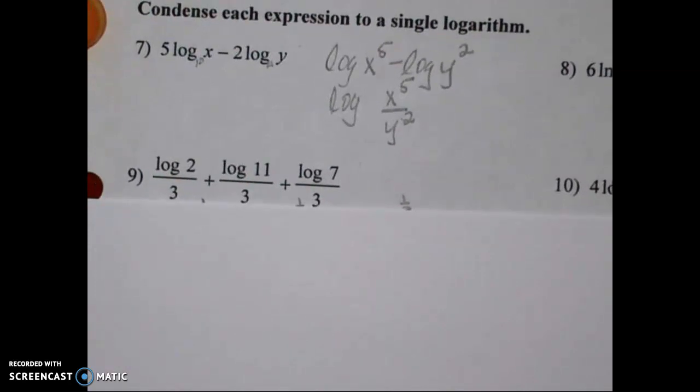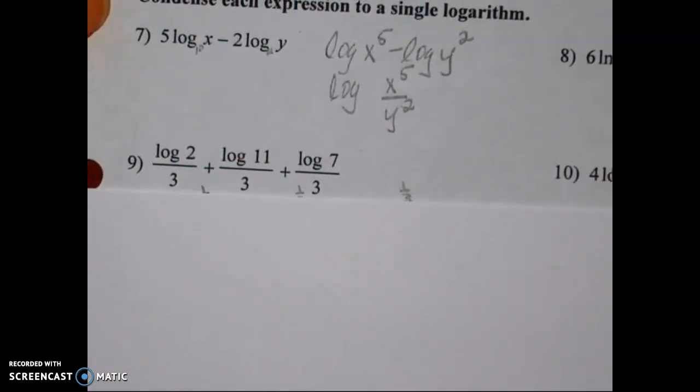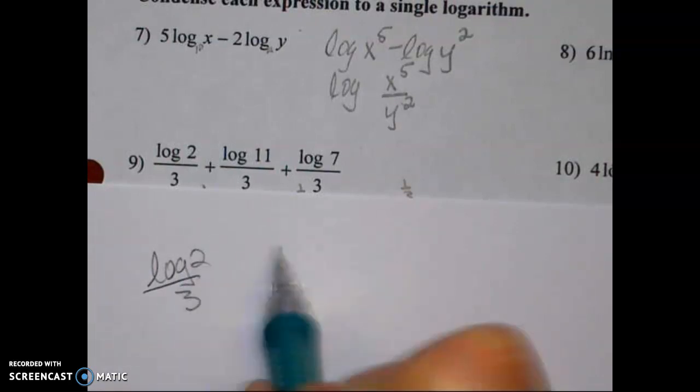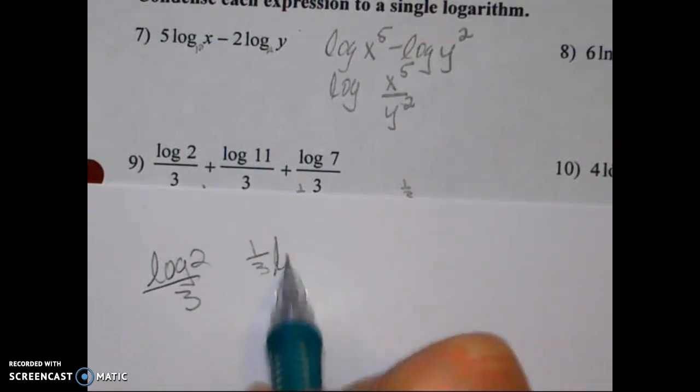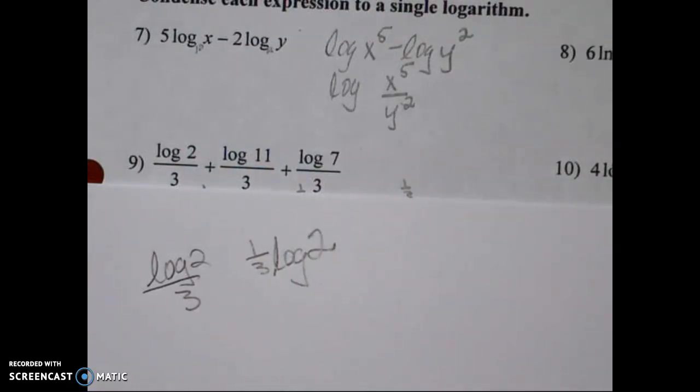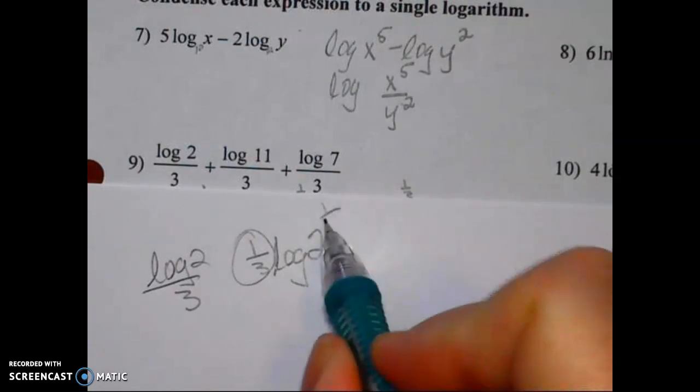Uh-oh. Okay, you see all these fractions happening? Anything over 3 is the same as 1/3 as a coefficient. So if it's log sub 2 over 3, this is really 1/3 log of 2. And when you are condensing, you want this coefficient to be an exponent.